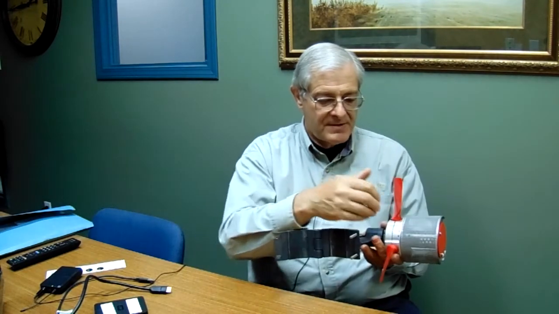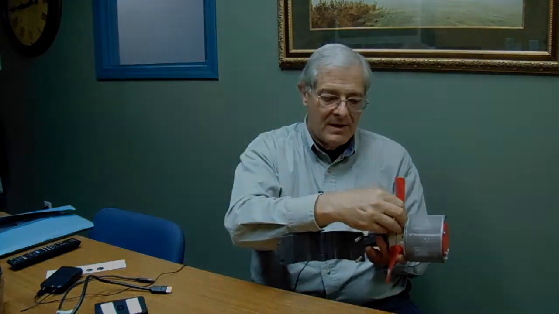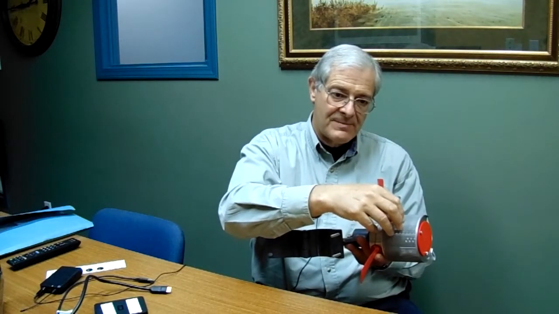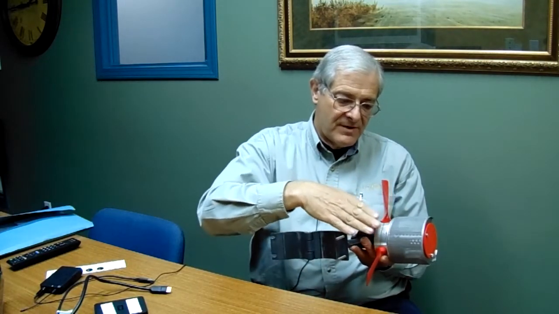We have an option of an air deflector plate which is mounted ahead of the gauze. The purpose of that is to deflect the air away from the surface of the gauze, because at high speeds the production of the droplets, as these ligaments disrupt, can be influenced by the airflow over the atomizer.